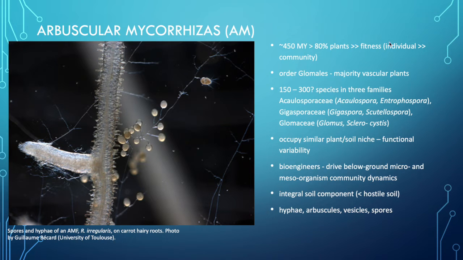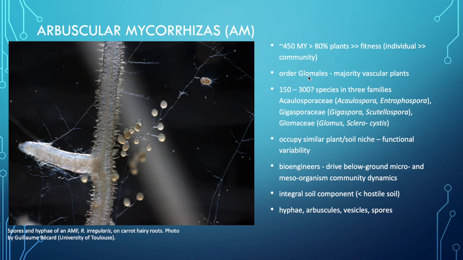What they provide is this fitness of the plant to be able to exploit or grow in its environment. And this goes all the way from the individual plant being able to survive and grow in a particular soil, in a particular environment, all the way to community level, where these fungi, with the plants, create the ability of that plant community to exist because they have these mycorrhizal fungi that are specific in that environment to allow the plant to function within its plant community, within its ecosystem.